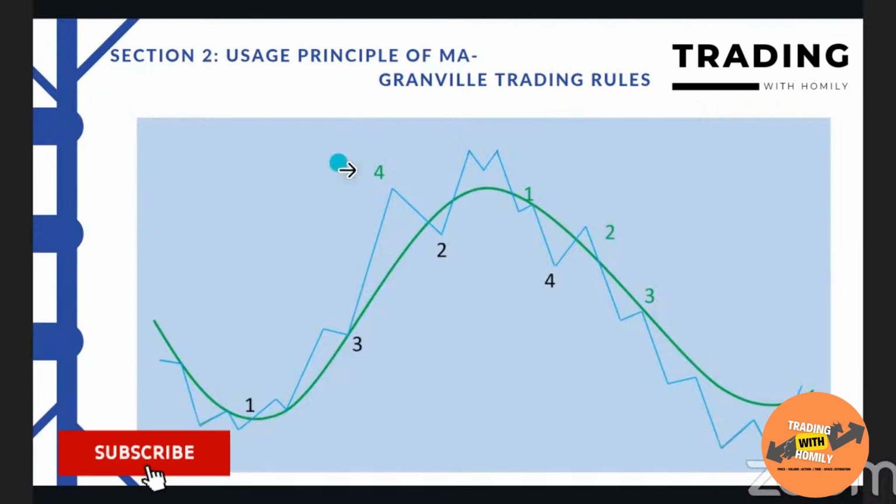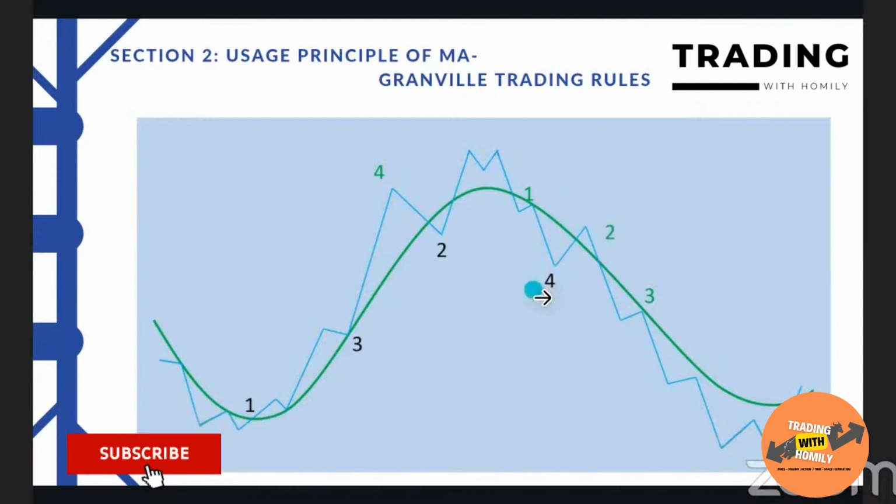So just now we have talked about the MA created by Joseph Granville. So the trading rules are also created by him. He is the creator of the Granville trading rules. He is also the first to propose the quantity price theory.